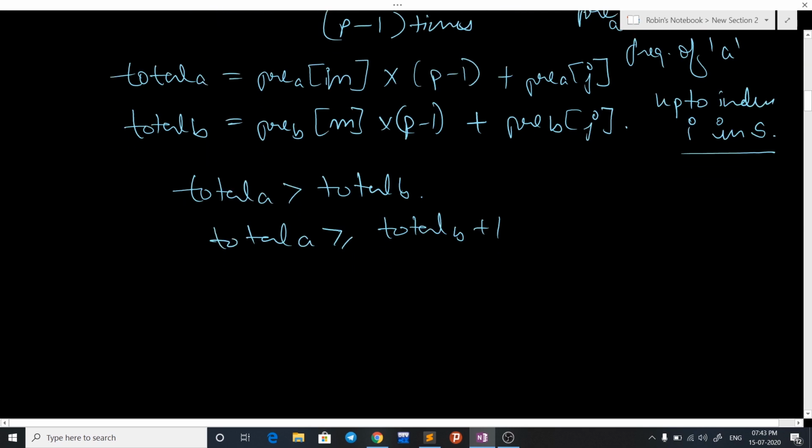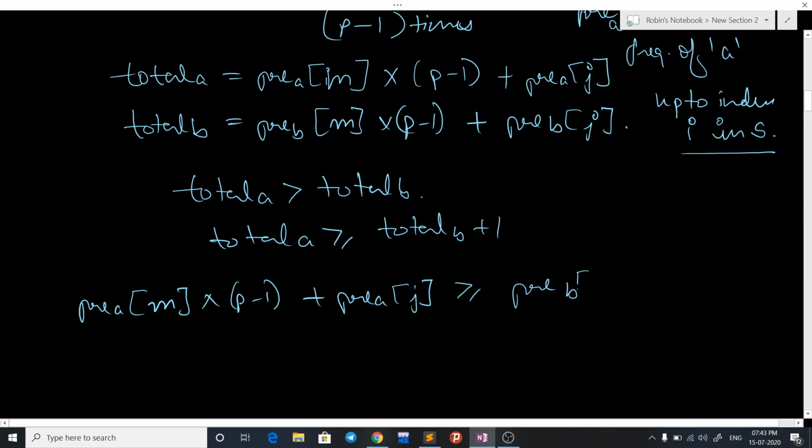Now total A is pre A of M times P minus 1 plus pre A of J, greater than or equal to pre B of M times P minus 1 plus pre B of J, right?